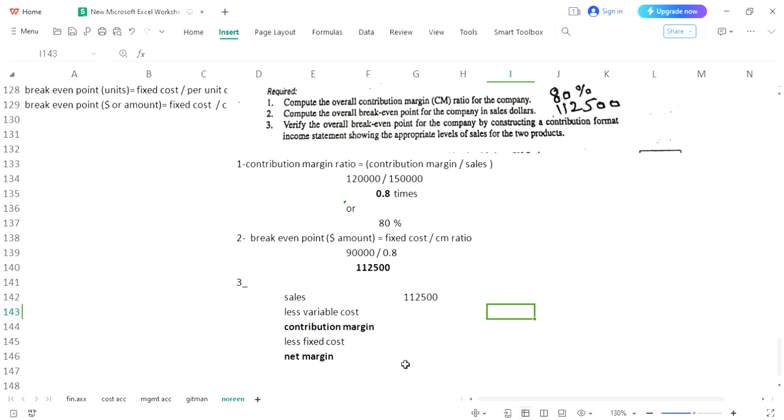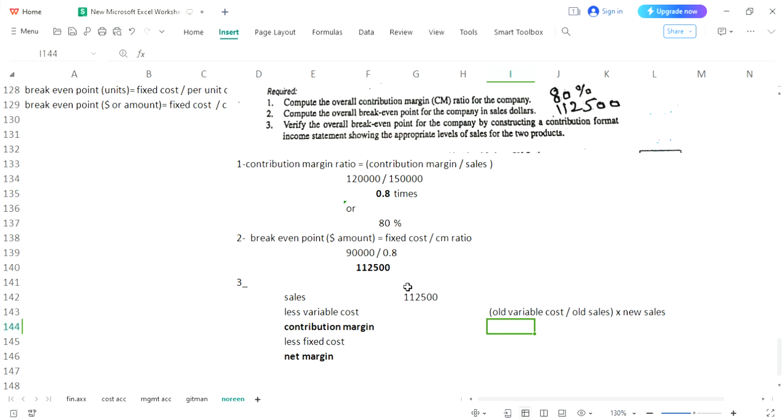For that, what you will do: old variable cost divided by old sales, and when you get its answer, old variable cost divided by sales, after getting this answer, you will multiply it with new sales.